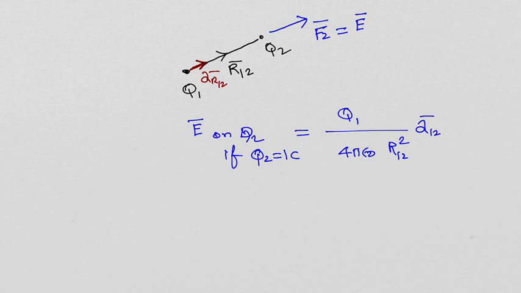Another definition of electric field intensity is also considered in our subject, because it is the force experienced by the unit positive charge. You can also mention it this way. Okay, so if Q1 is located at the center of a spherical coordinate system and AR is the radial vector in the spherical coordinate system, if I keep Q1 at the center of a sphere having radius R, AR will be along the radial direction.